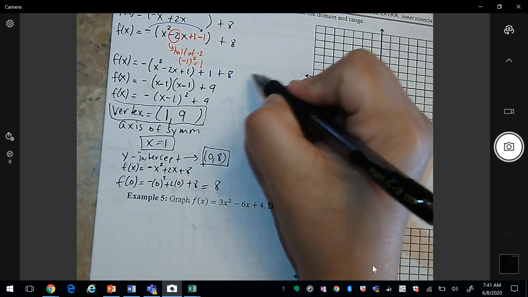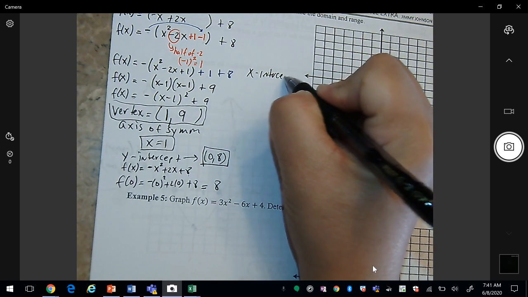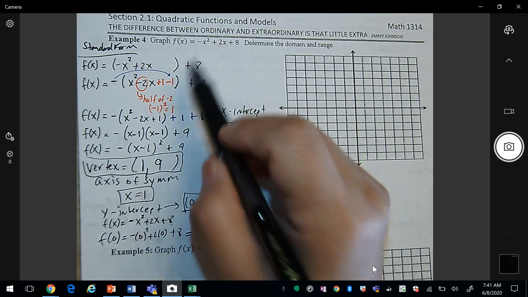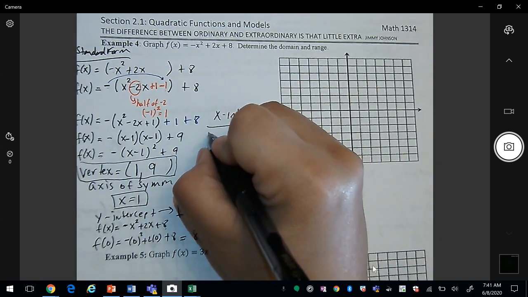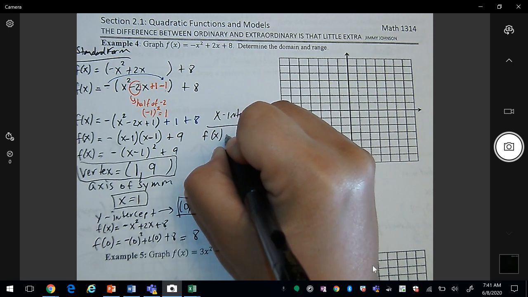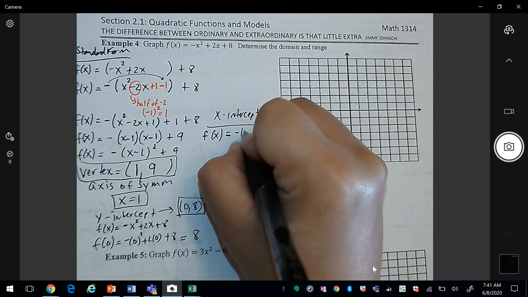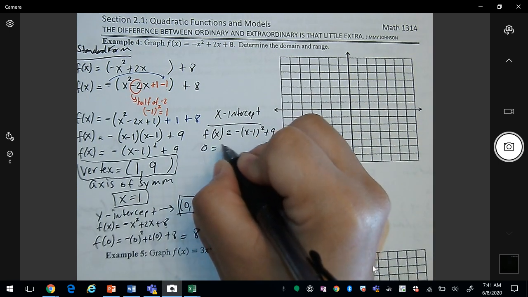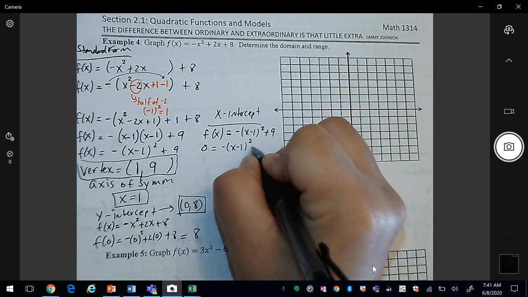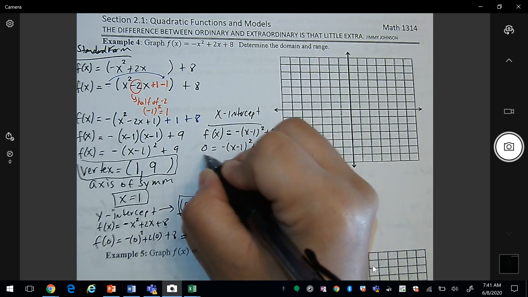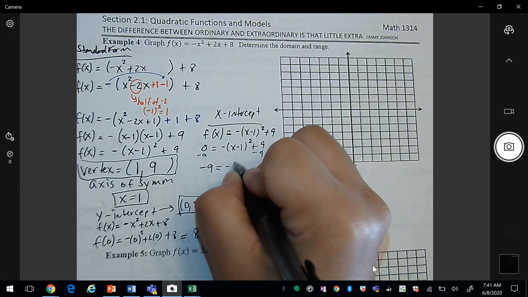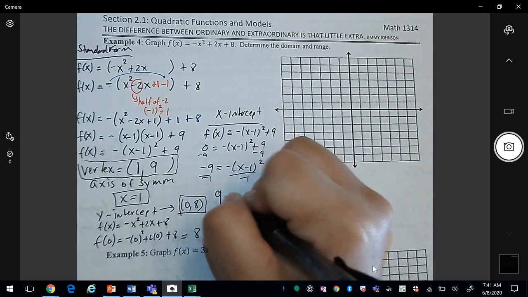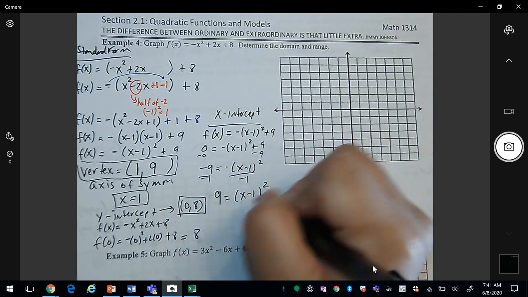My x-intercept, you can also use this form and try to factor, or you can use the standard form. I'm going to go ahead and use the standard form. Okay, so we let this be 0. I'm going to subtract 9 on both sides. Divide by negative 1. So I get 9 is x minus 1 squared.